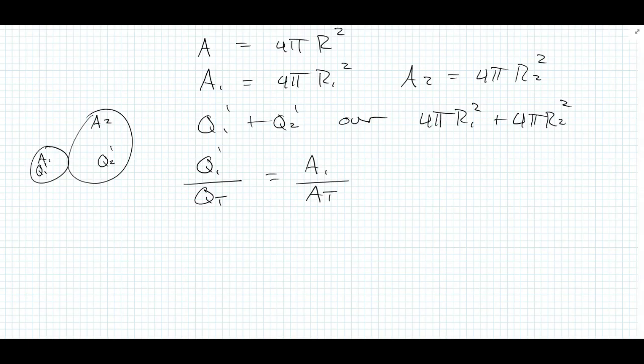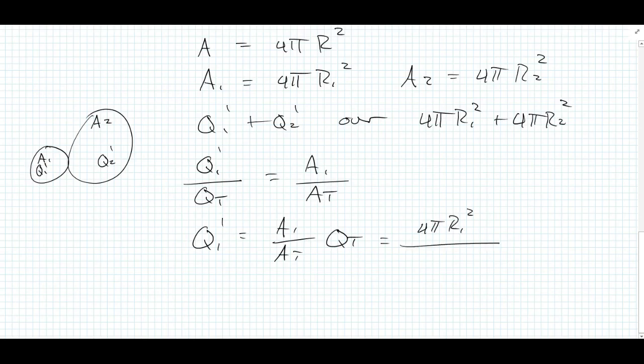So this is how we're going to calculate what Q1 prime and Q2 prime are, because I've already got now that Q1 prime is equal to A1 over A total times Q total. And I know that A1 is 4 pi R1 squared, and I know what the total surface area of the two spheres is as well. It's 4 pi times the squares summed.